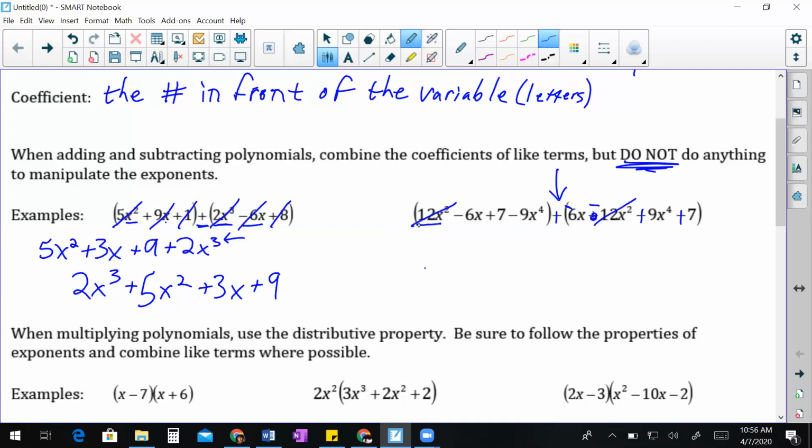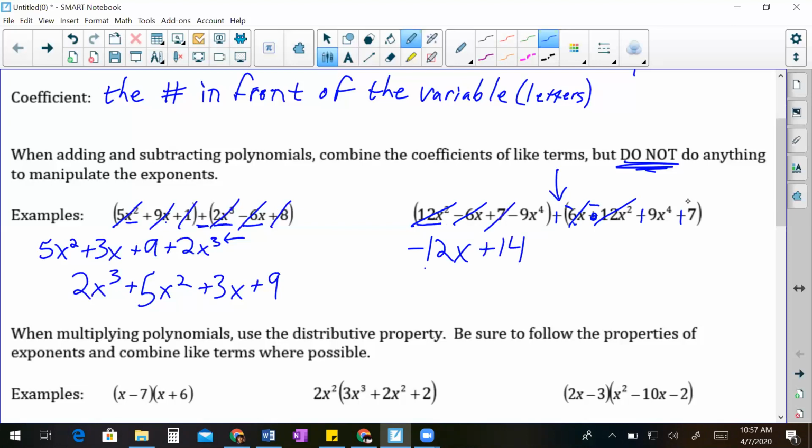So those go away. Next, negative 6x. Do I have any more that are just x's? Right here. Negative 6x. So negative 6x minus 6x, negative 12x. Next, 7. Just a constant. Any other constants? Yeah, 7. 7 plus 7 is 14.